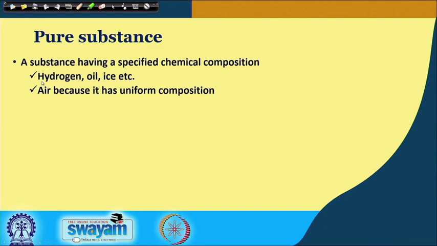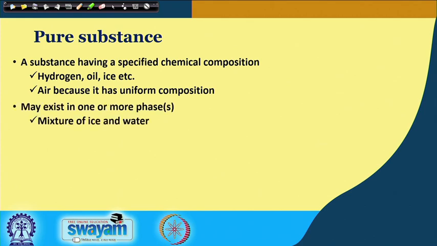So, in this we have elements like hydrogen, but oil may not be an element, it can be a mixture of various types of polymers. Ice is a molecule, H2O, and air is also considered to be a pure substance in its gaseous phase, because air has a constant chemical composition.